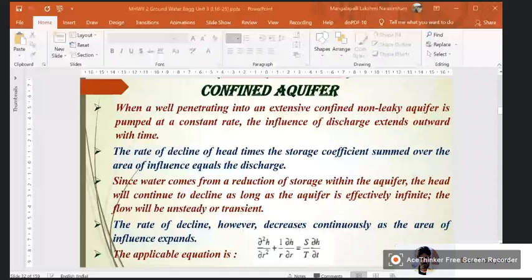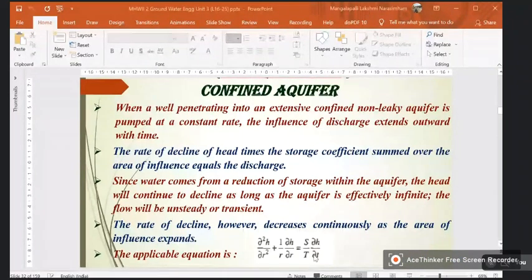So, for this case, the rate of decline of head when multiplied by the storage coefficient, that is rate of decline of head means dou h by dou t. You are seeing here dou h by dou t.